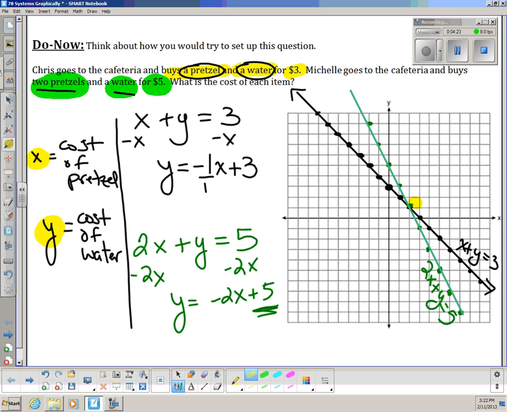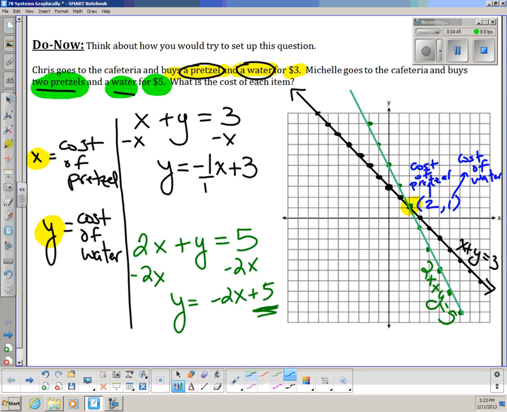They meet at this location right here, which is the point 2, 1. And if you remember what X represents, X is the cost of a pretzel. And Y is the cost of the water.